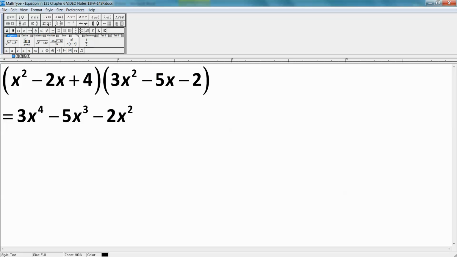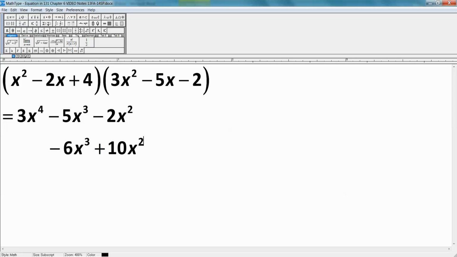That would be, let's see, minus 2x times a positive 3x squared. That's minus 6. Let me go right down here. Minus 6x to the third. There, I'm trying to line them up there. Then I need minus 2x times a minus 5x. That's plus 10. X times x is x squared.